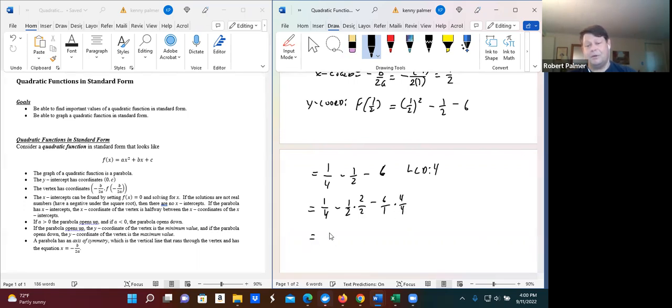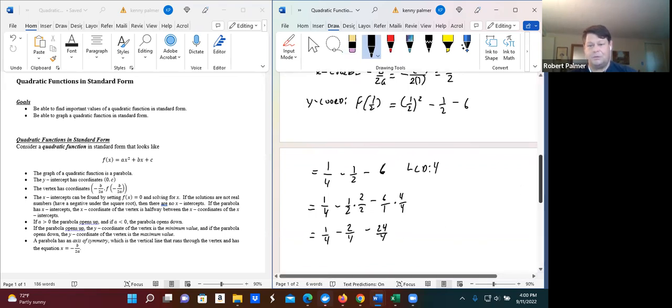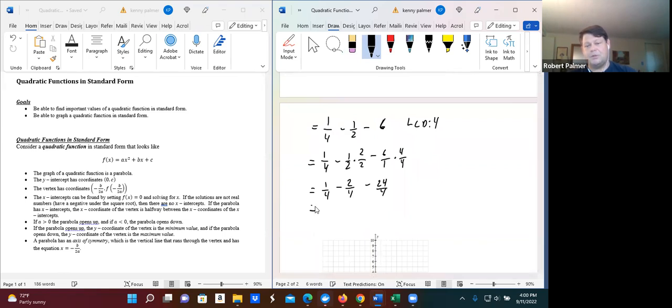Let's put all this together. So 1/4 minus 2/4 plus, minus again, 24/4. Okay, combine those using order of operations from left to right.